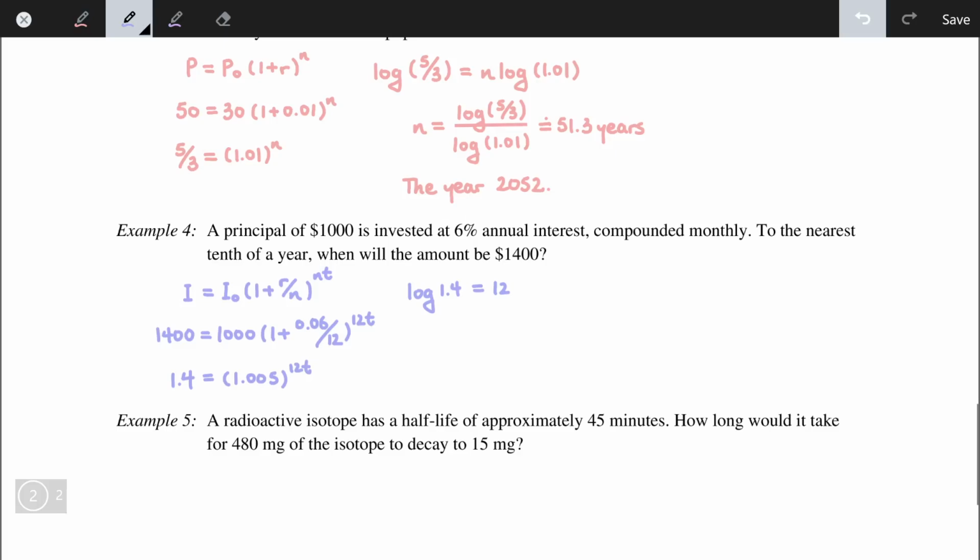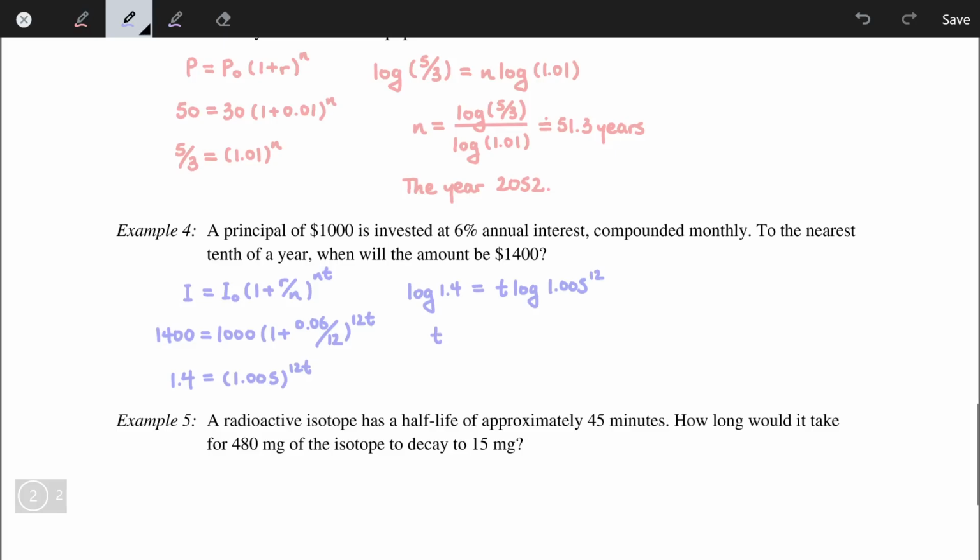Actually, we don't even have to do that. We can rewrite this as t times log 1.005 to the 12th power. So we took the logarithm of both sides and then used the power law only on the variable t to move it in front of the logarithm.